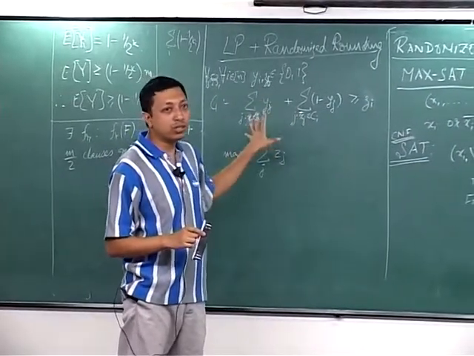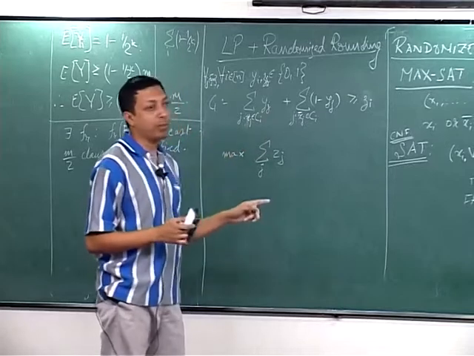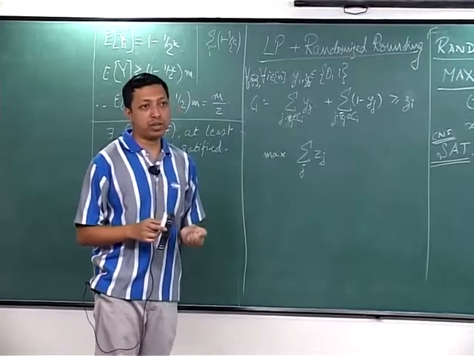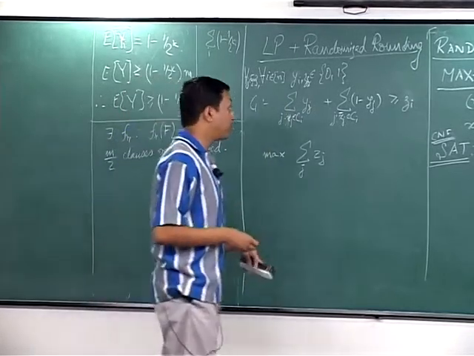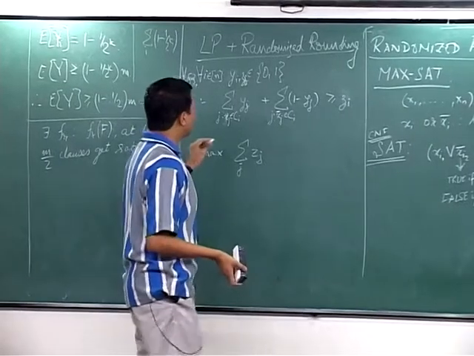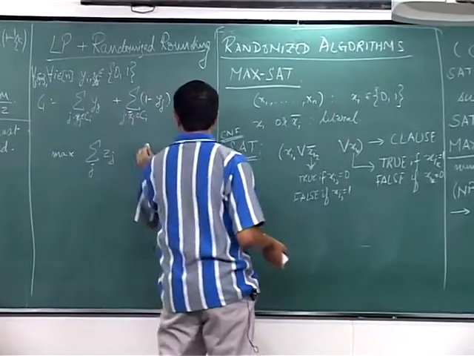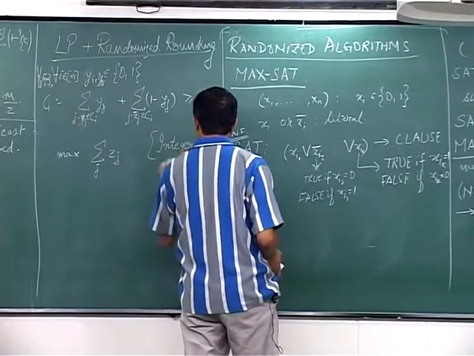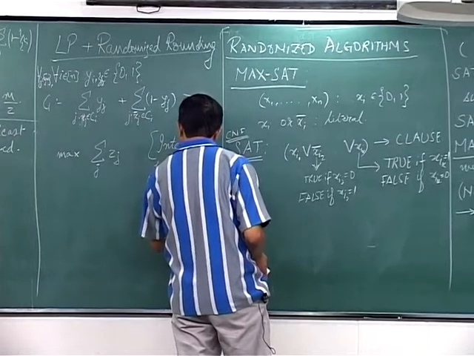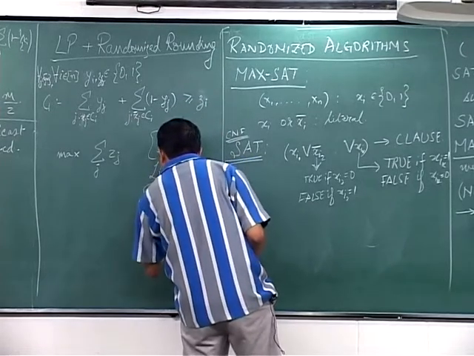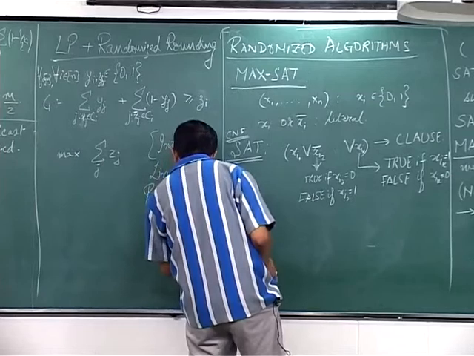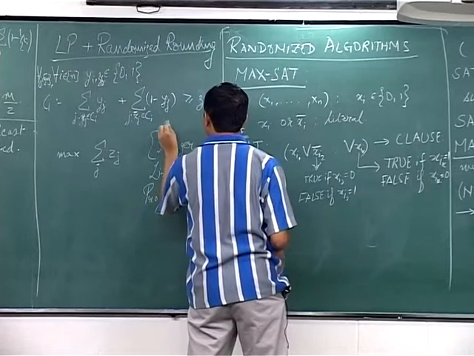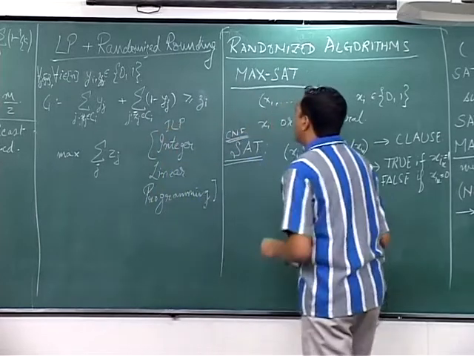If you could solve this kind of problem in polynomial time, then you would be able to do SAT in polynomial time, which is highly unlikely. So this is what is known as integer linear programming, ILP.